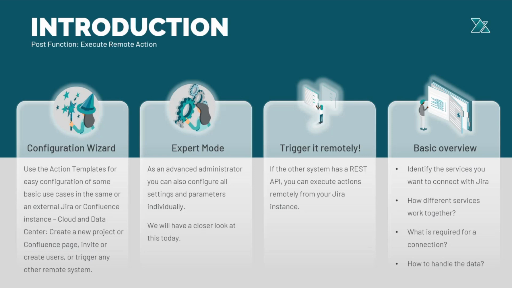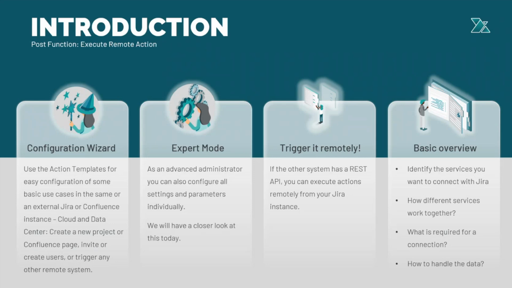So you can create a new project or create a Confluence page, invite or create some users, or trigger anything else on other systems remotely. Additionally to that, we have an expert mode so that you, as an advanced administrator, can also configure these settings with individual parameters. And we're going to have a look at this closer later.